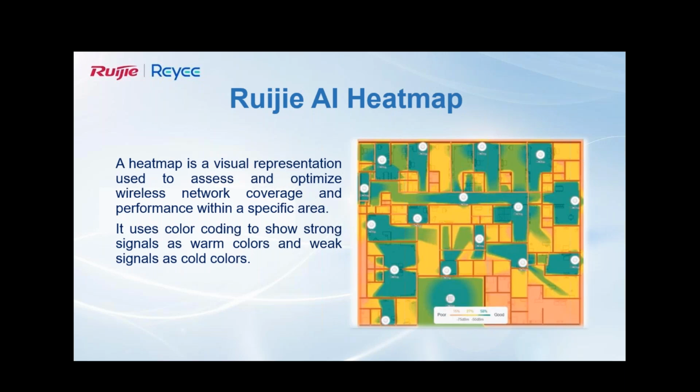In addition, the AI heatmap can simulate camera coverage for CCTV planning, providing a comprehensive solution for both wireless and surveillance network designs.